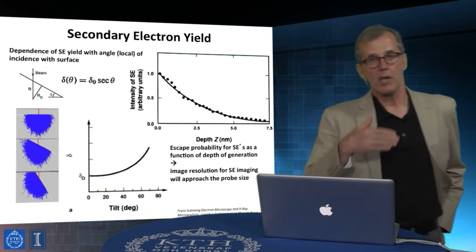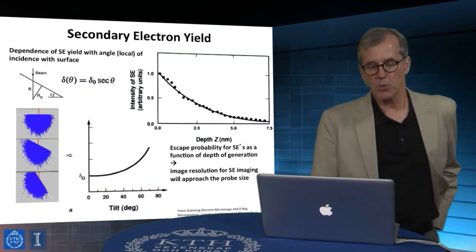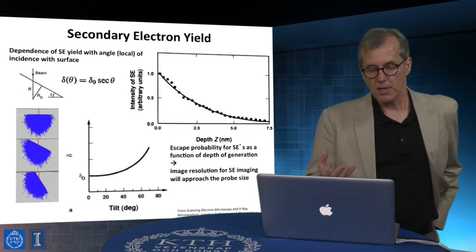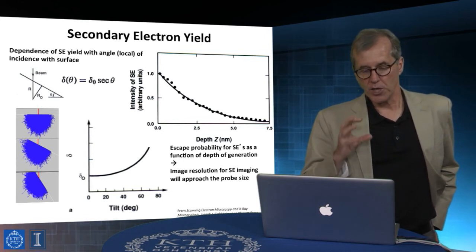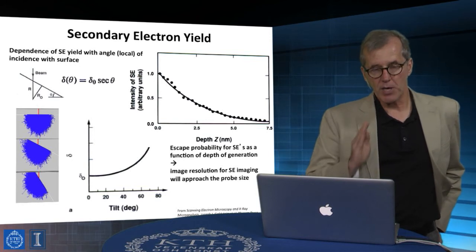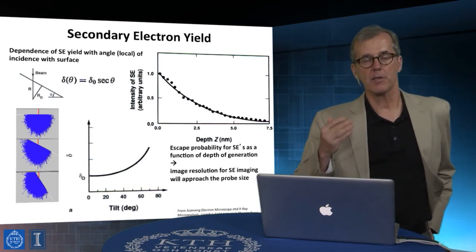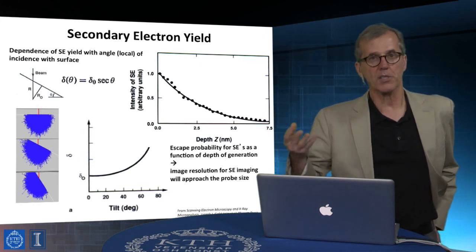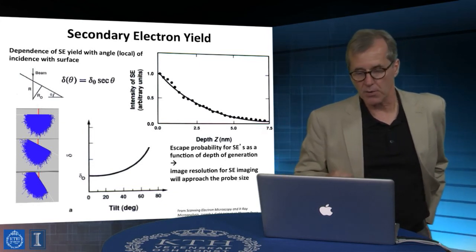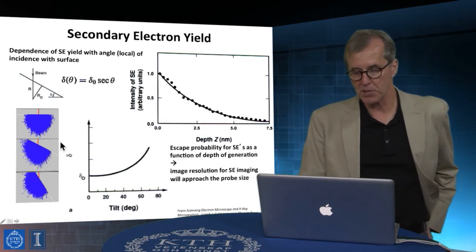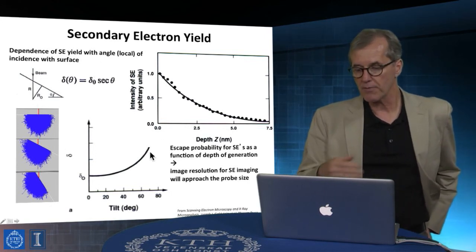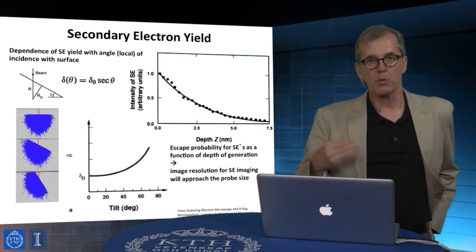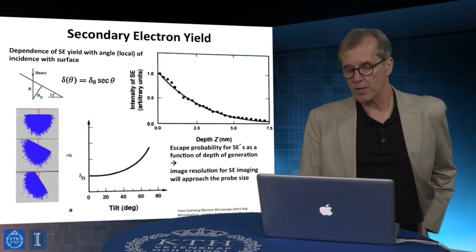So, for example, if we tilt the sample in such a way that the secondary electron flux is generated in a spatial domain more proximate to the free surface of the sample, more of those electrons will escape and be collected by the secondary electron detector, right? So sample tilt turns out to be a way of very powerfully impacting the detectable currents at the secondary electron detector.